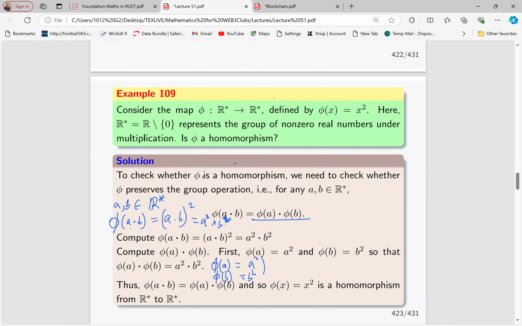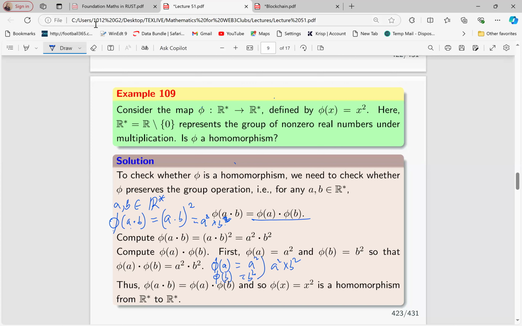Then combine these two, get A squared times B squared. So we found the left-hand side as this, and the right-hand side is also this. The two are equal, so it means phi is a homomorphism.